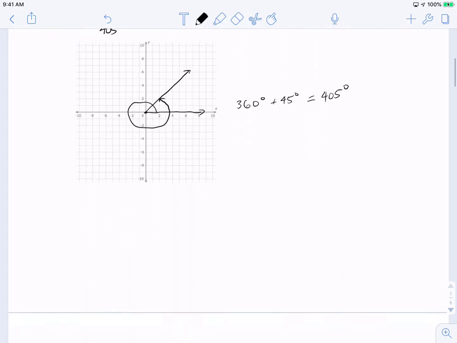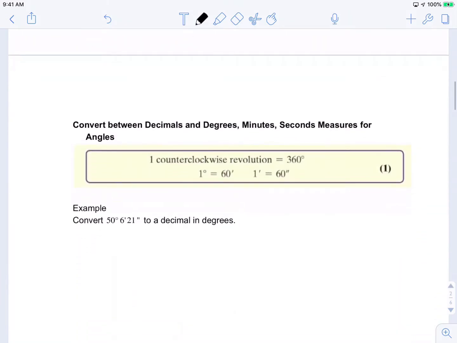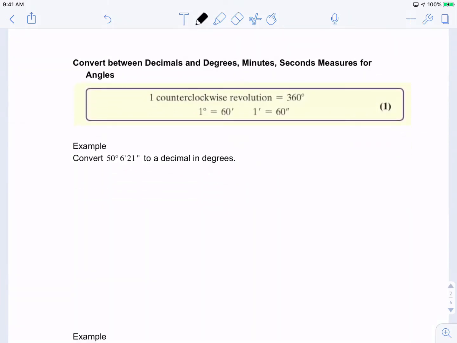The next thing that I want to talk about is converting between decimals and degrees, minutes, seconds measures for angles. And so the way that the book explains it is it gives you this counterclockwise revolution is 360 degrees, and it says that 1 degree is equal to 60 minutes, and that 1 minute is 60 seconds.